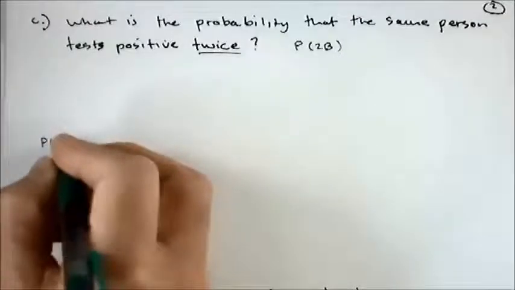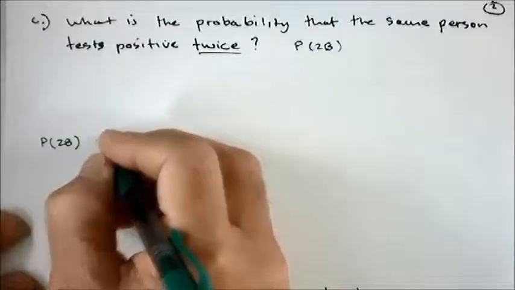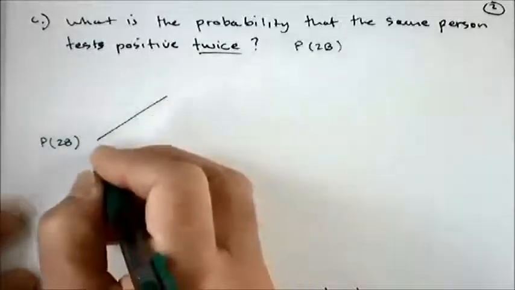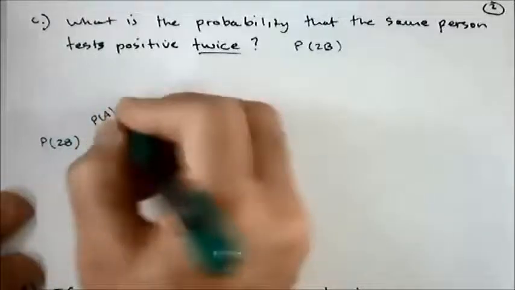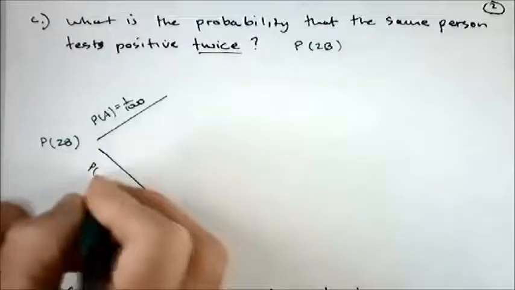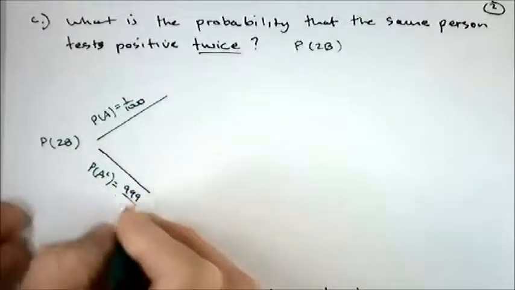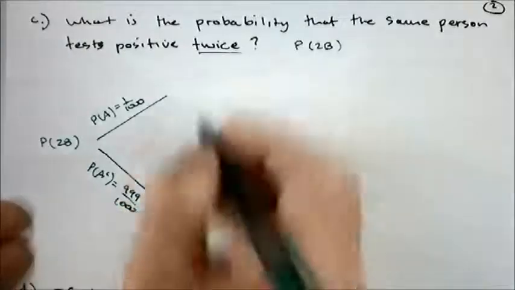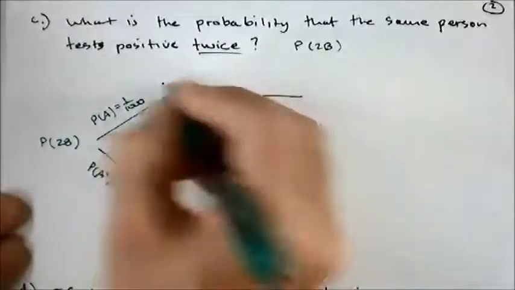And just like the first one, testing positive twice in a row is going to come from two groups of people who actually have the disease and people who don't have the disease.